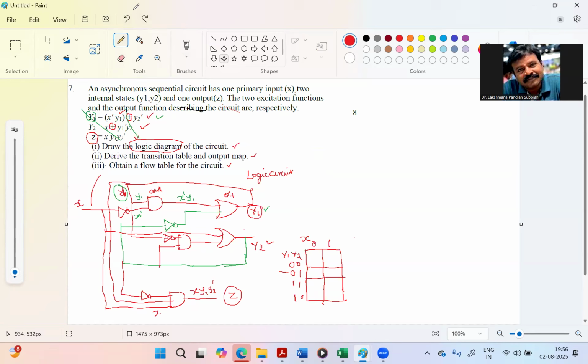Y2 dash is here. We are having now this Y2 dash is this one. Y2 dash, so X is not there. So only we are having Y2 dash in that function. So X may be either 0 or 1. So you have to fill all are 1. So this is 1, this is 1, this is also 1, because we are having now Y2 dash.